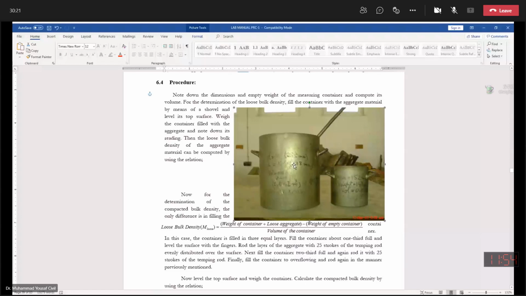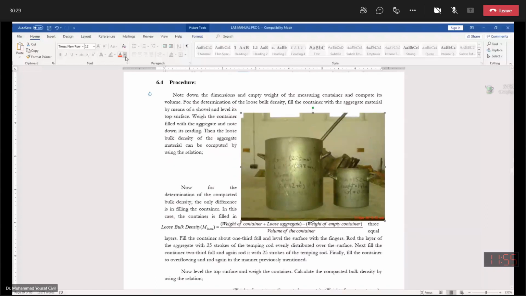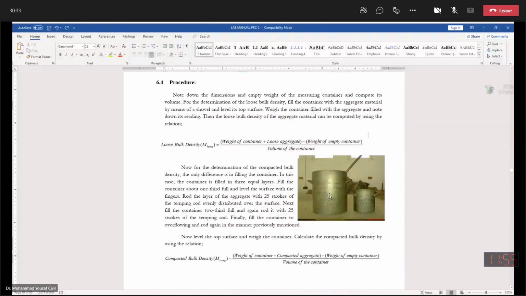Volume is also written on the face of the cylinder. Then you will fill the material, get the total weight of aggregate plus cylinder, and subtract the weight of the empty container. It will give you the weight of loose aggregate divided by the volume of this container. This is very simple.